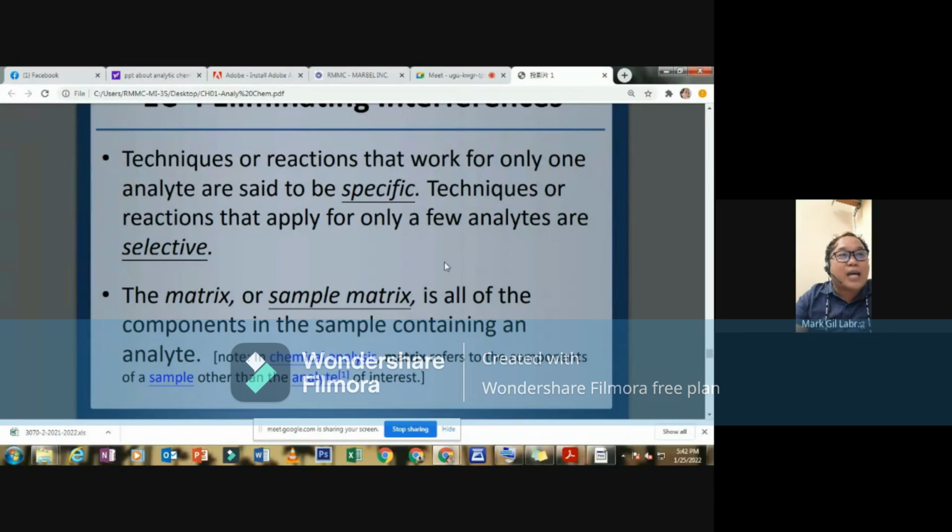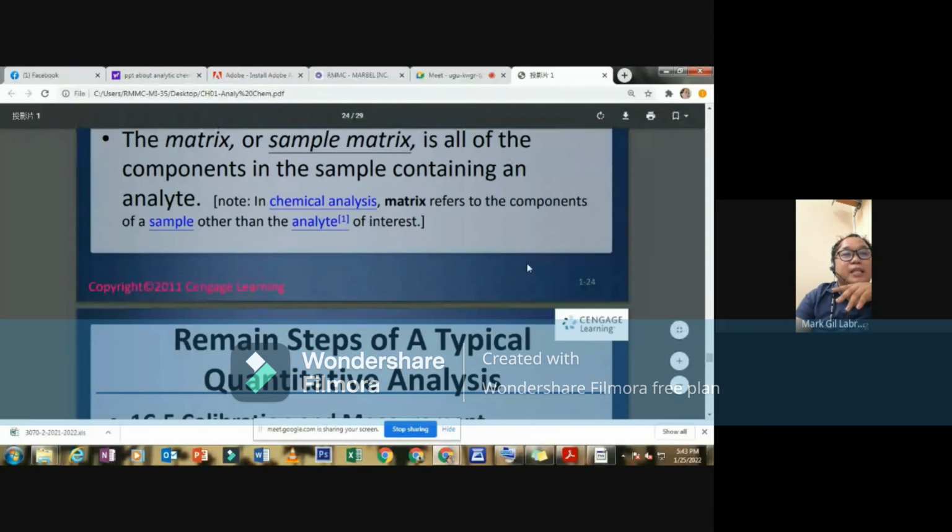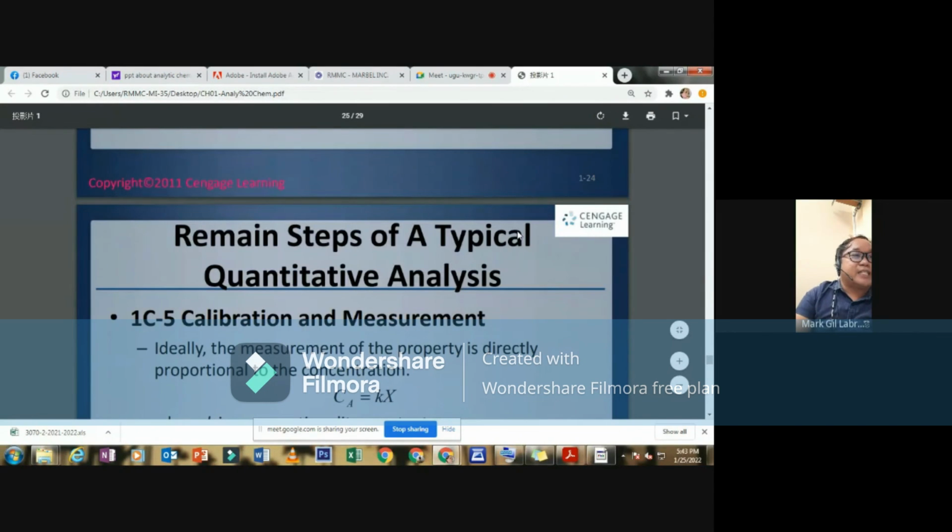So how to do that? Techniques or reactions that work for only one analyte are said to be specific. So techniques or reactions that apply for only a few analytes are what we call selective. So the matrix or sample matrix is all of the components in the sample containing an analyte. So please take note also that in chemical analysis, matrix refers to the components of a sample other than the analyte of interest.